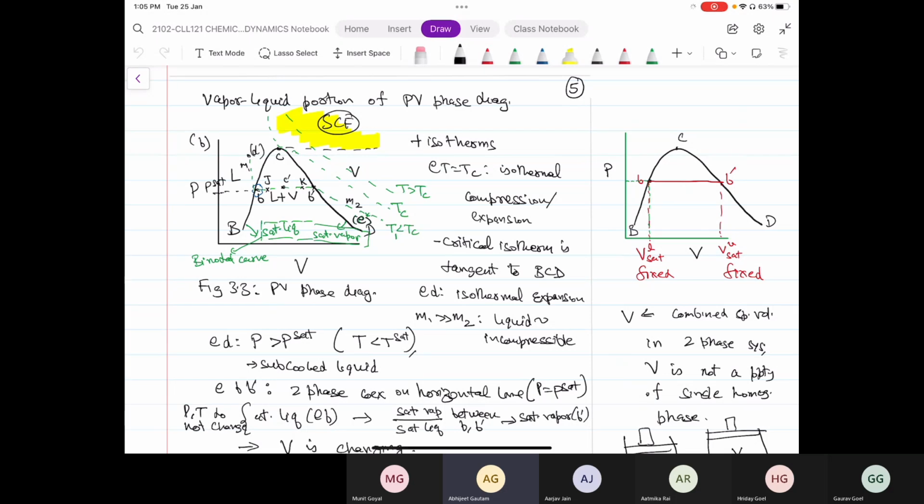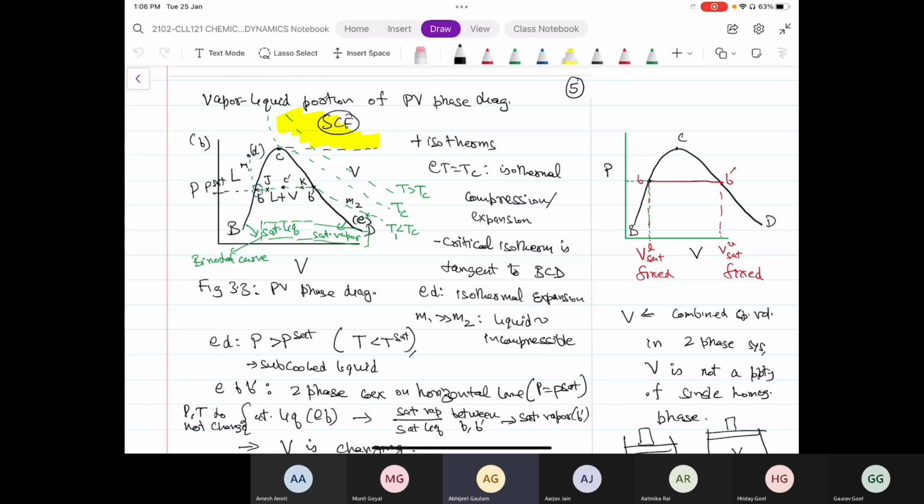Why did we go vertically till point B and then B prime? Why would the isotherm not intersect the liquid plus vapor region just like the rectangular hyperbola?